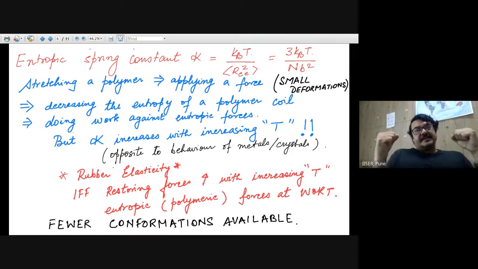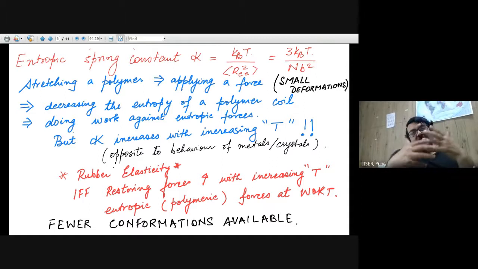And it takes less energy to pull the metal rod. Here you see it's happening exactly the opposite. As you increase the temperature, the elastic modulus, if you like, increases.